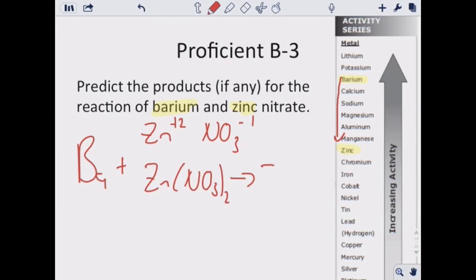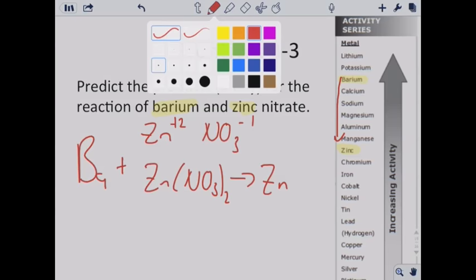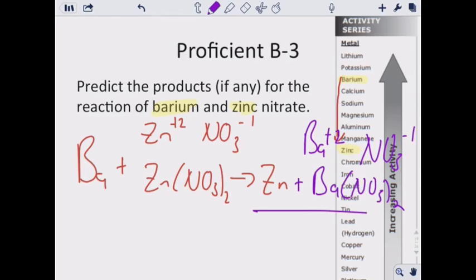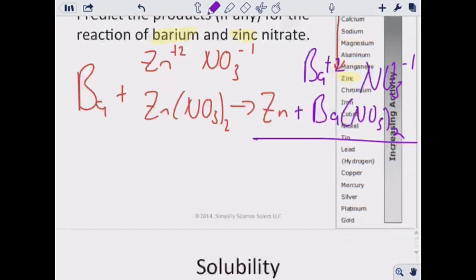Our products for this, zinc will be by itself, and then barium bonded to the nitrate. So we have to crisscross again, barium +2, nitrate, NO3 -1, and our other product is barium nitrate. And those would be our products of that reaction.